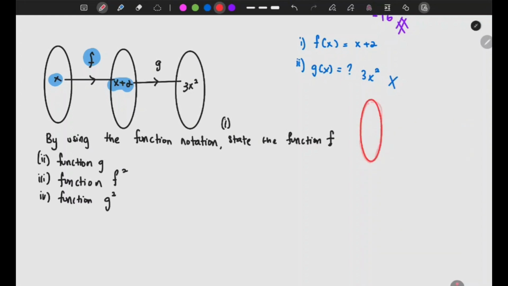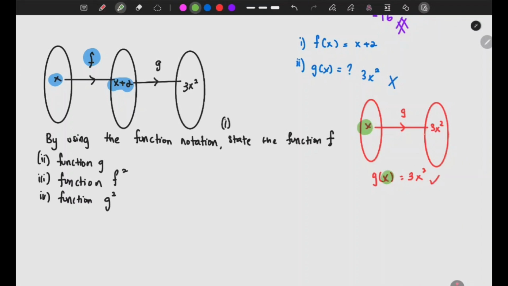If this is x and this is 3x squared, and they are connected by the bridge of g, if you say g of x equals 3x squared, it's correct, because here initially is x. So you cross the bridge of the function g, you get 3x squared.